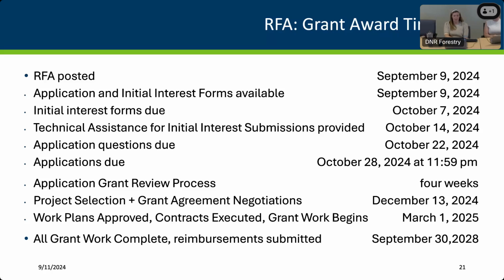But we will be selecting projects, and those grant agreement negotiations will start in December. Then work plans will be approved, contracts executed, and grant work can begin at an estimated date of March 1st. This is federal funding, and so we need to have all grant work complete by September 30th, 2028 before funding expires.